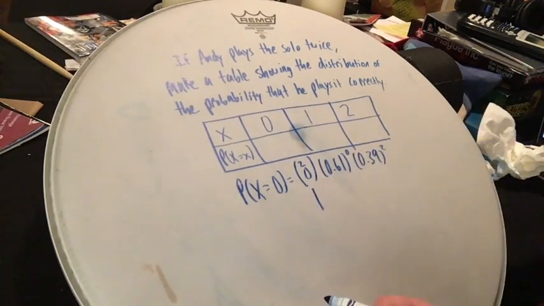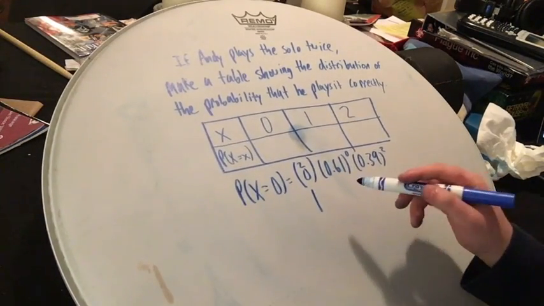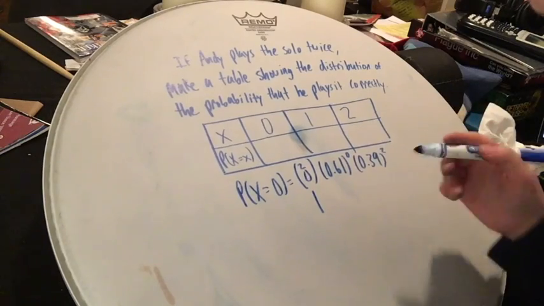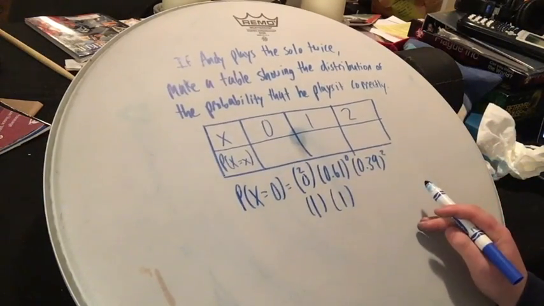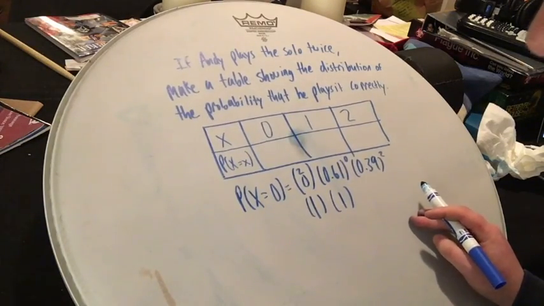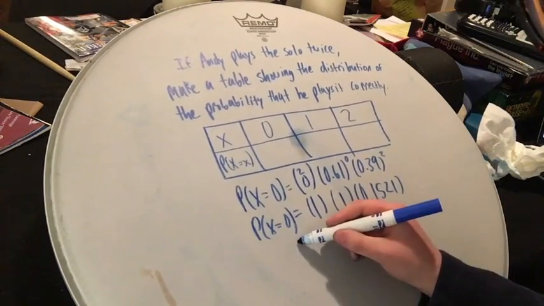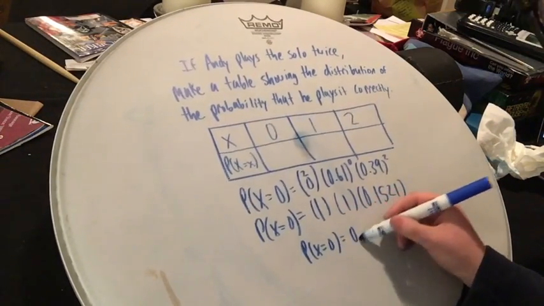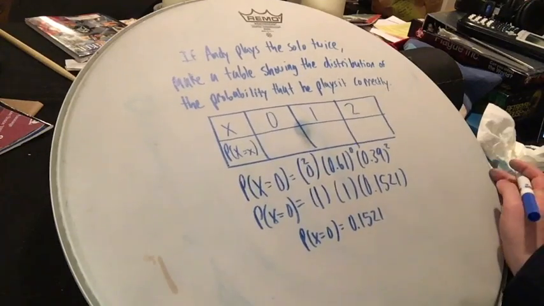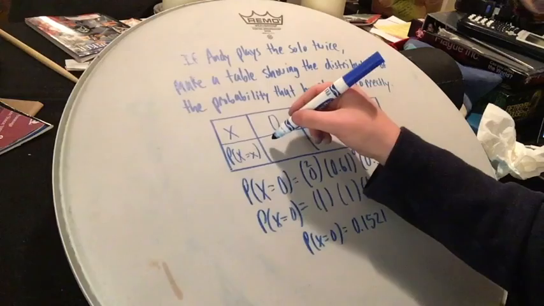You will also remember from your laws of exponents that any term to the 0 power is also 1. So we just have 0.39 squared, which if you put that into your calculator is 0.1521. So the probability of x equals 0 is 0.1521. That's an exact value, otherwise 3 significant figures. So that goes right here.